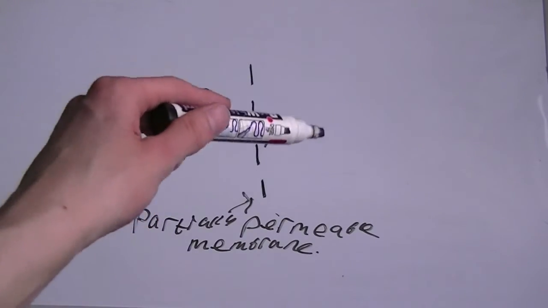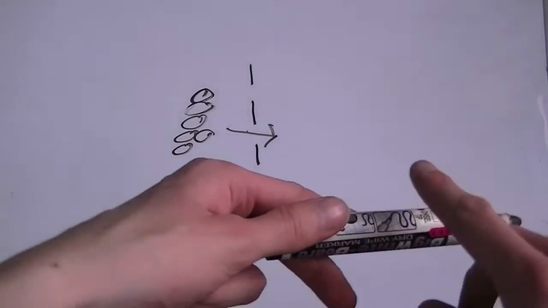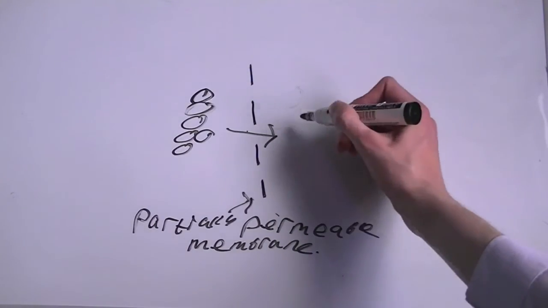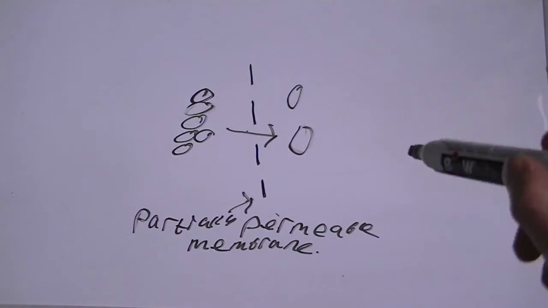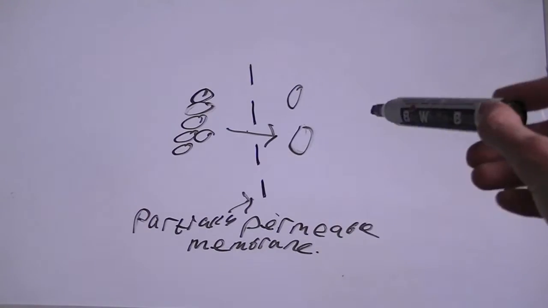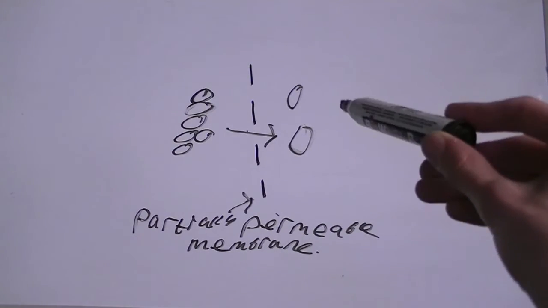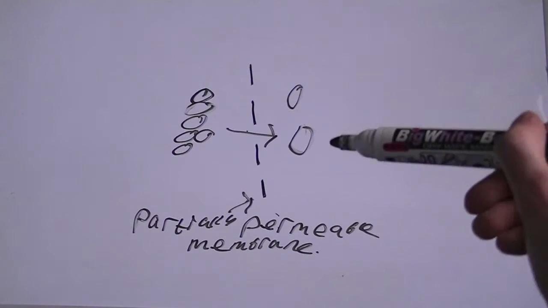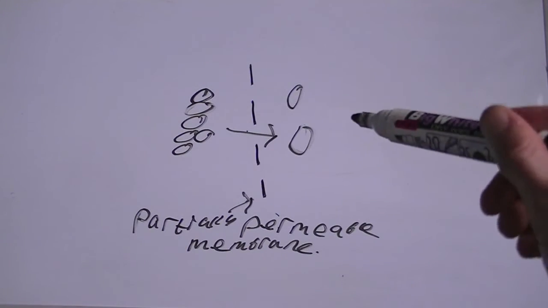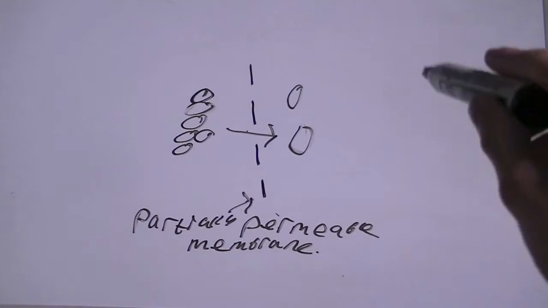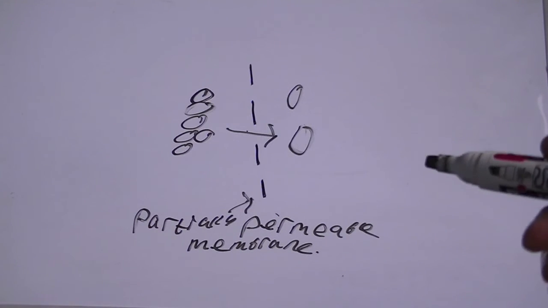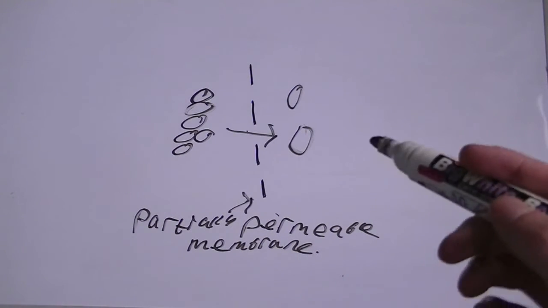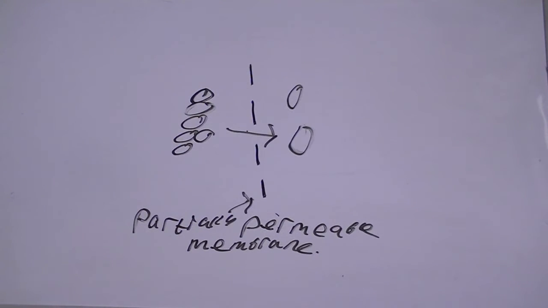As you can see, there's no particles. There will be some, so there'll be one or two dotted about. But because there's less, it wants to diffuse across the partially permeable membrane. And this is known as osmosis, the movement of water from a higher concentration to a lower concentration. And that's effectively how the plant gets its water, through the root hair cells.